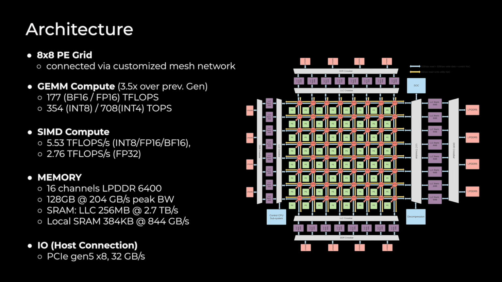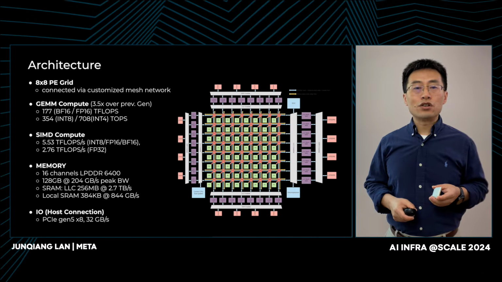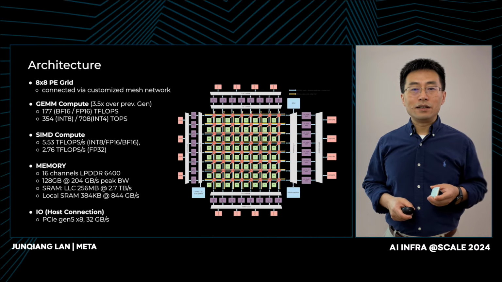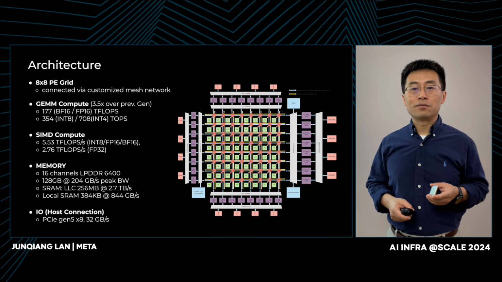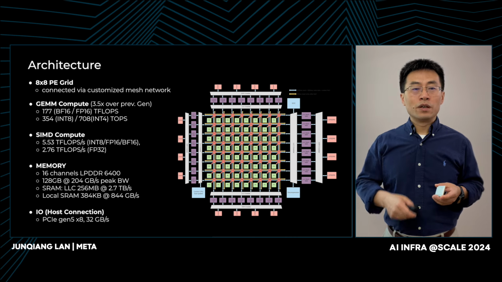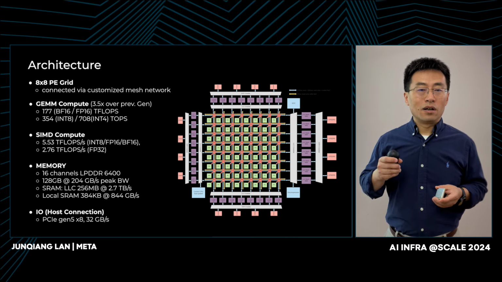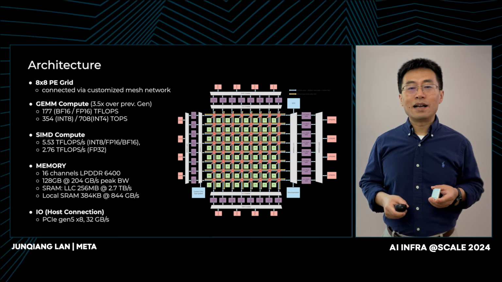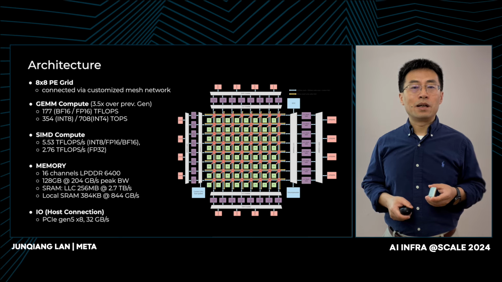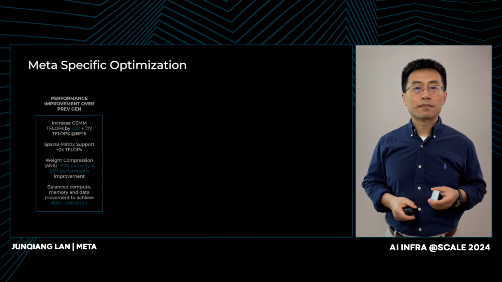We achieved 177 teraflops on FP16 and BF16, which is 3.5x over the previous generation. On the integer support side, int8 and int4 are 2 times, 4 times the number as the floating 16-bit. On the memory hierarchy, we increased on-chip SRAM, increased DRAM size, and we increased the bandwidth to have a more balanced computing and memory.